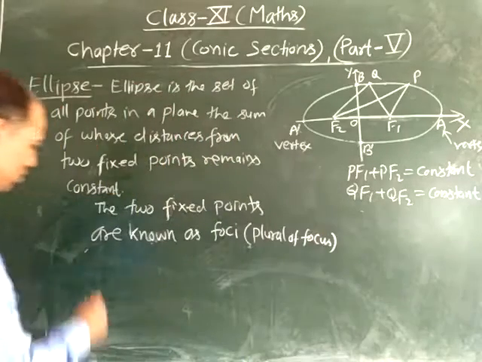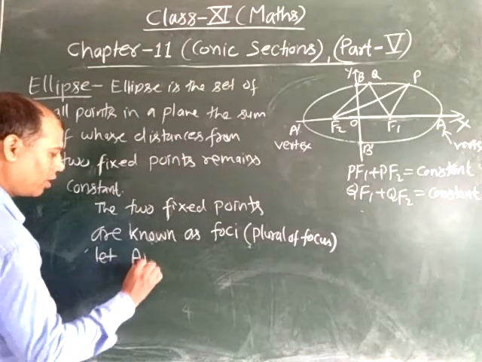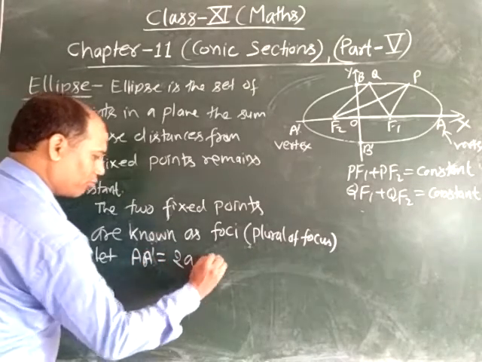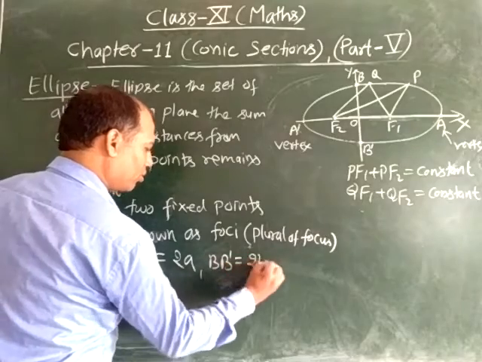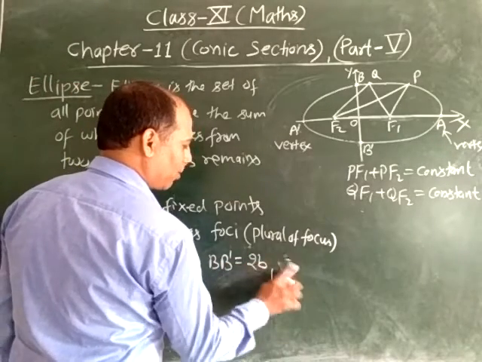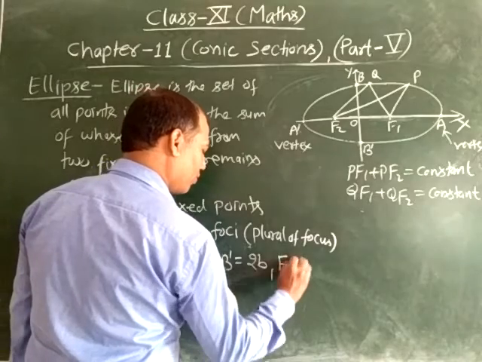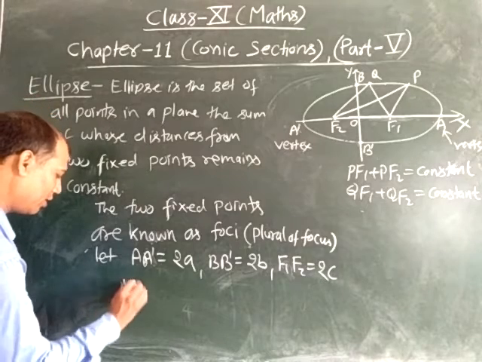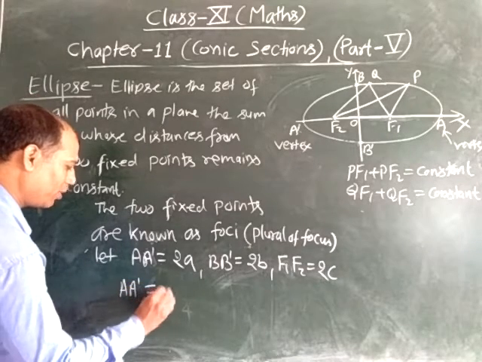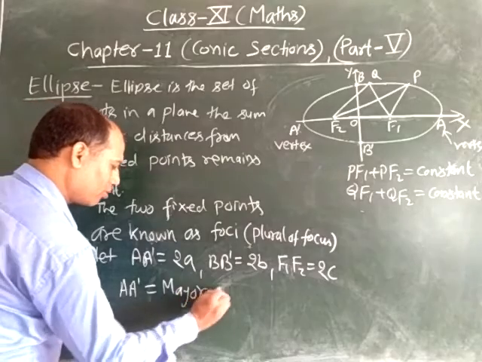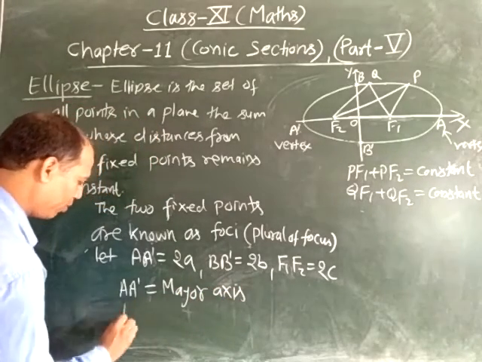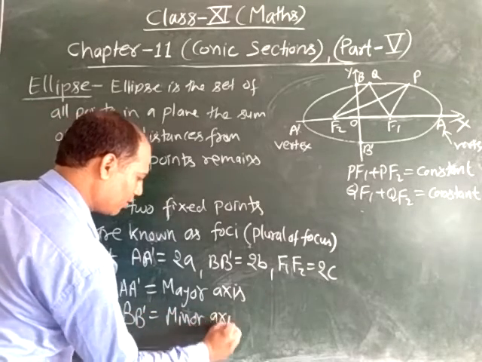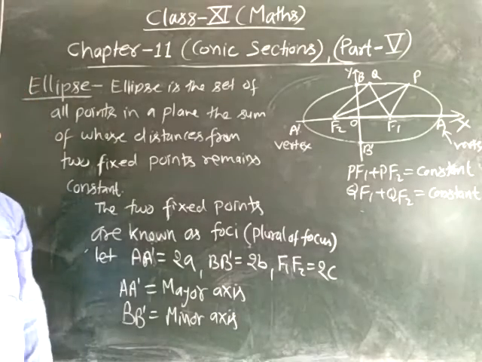So let us take AA dash equal to 2A, BB dash equal to 2B, and F1F2 equal to 2C. Then AA dash is called the major axis, and BB dash is known as the minor axis.